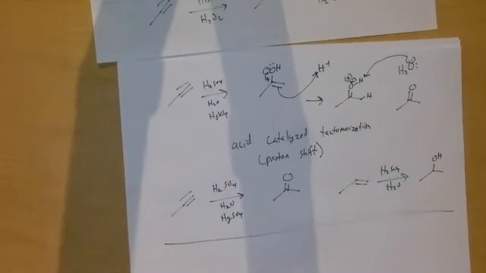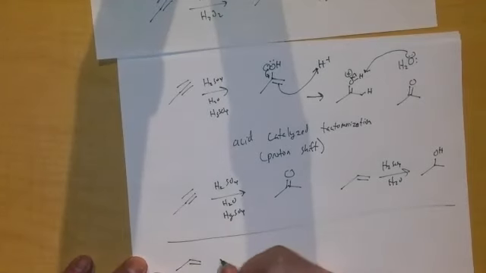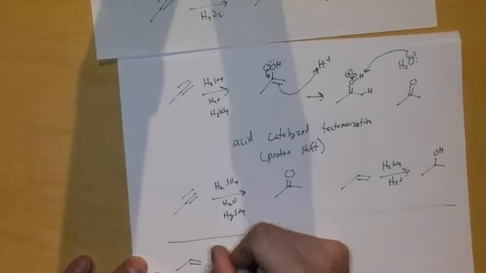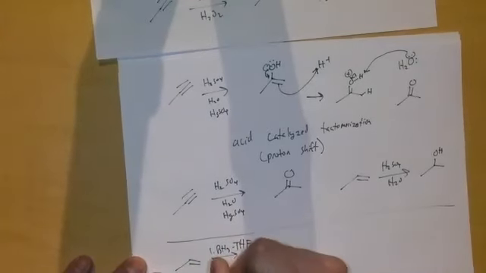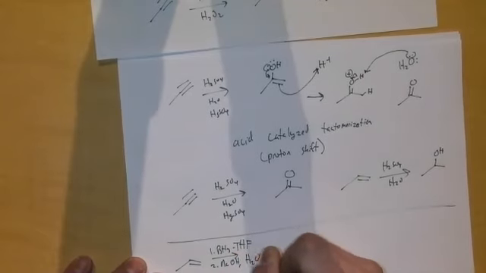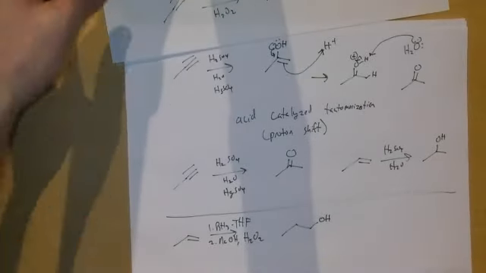The last one I'm going to do is the anti-Markovnikov version of this. So BH3, THF, NaOH, and peroxide gets us to here.